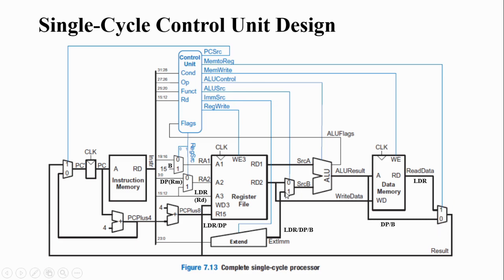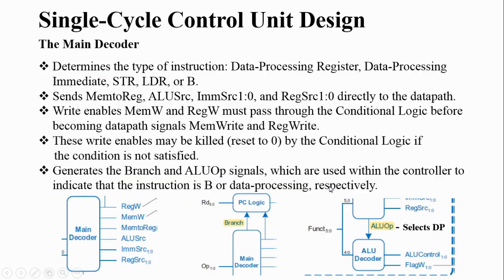ALU source is used for selecting the input of this multiplexer. Immediate source is used for selecting the immediate value, and the ALU control is used for selecting the operation that has to be done on the ALU, whether it is add, and, or subtract, right? So these are the control signals which are generated by the main decoder, right?